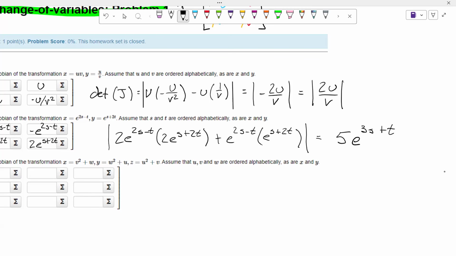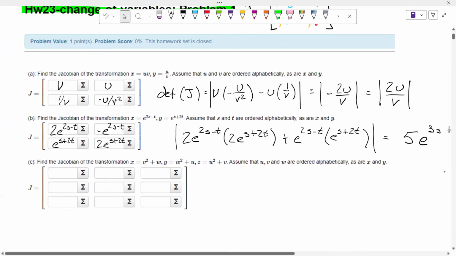It doesn't matter what the exponent is. My exponential function is always going to be positive. So the domain of S and T don't particularly matter here because exponential functions are positive already. So I can evaluate that absolute value for this determinant, whereas I wasn't able to fully evaluate it in the previous problem. So fun stuff there.